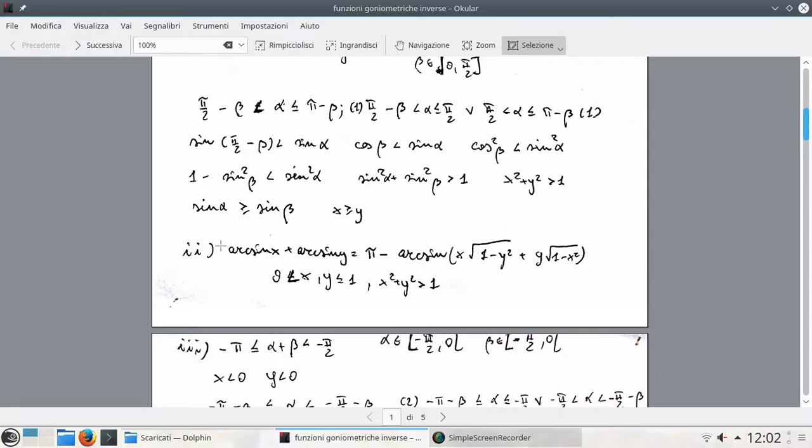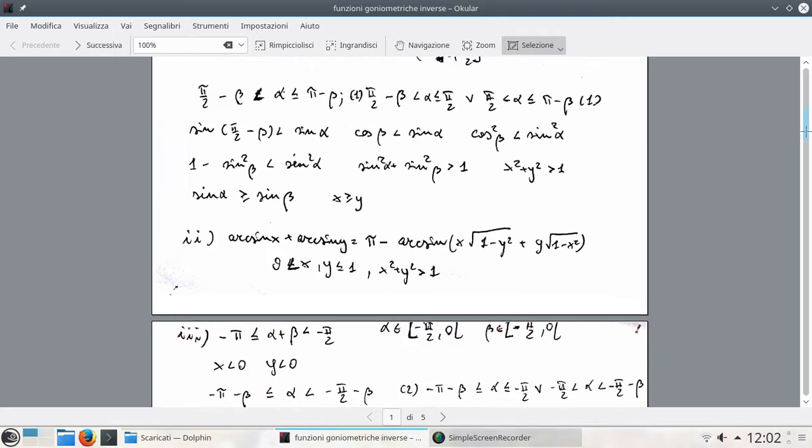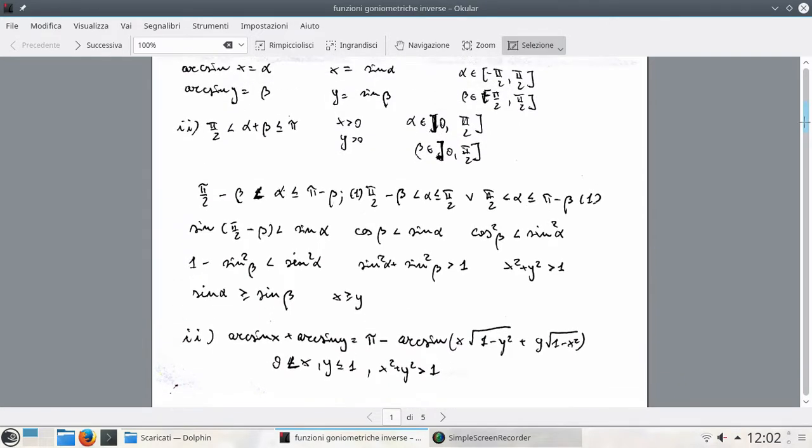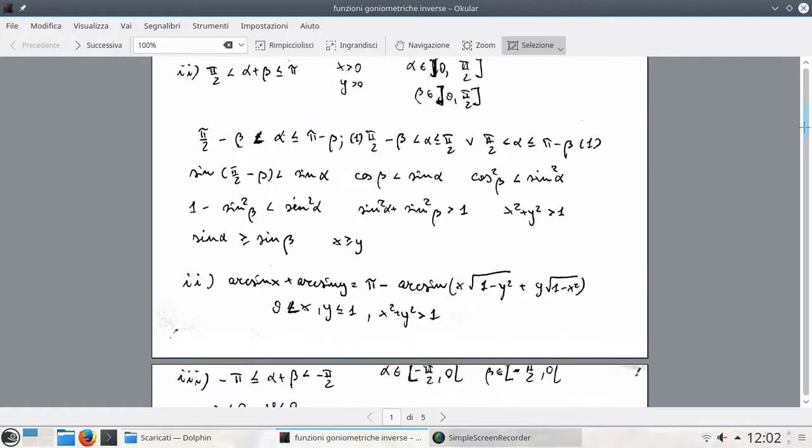We have rewritten the double I in terms of x and y, as it is suitable for calculating the correct expression.